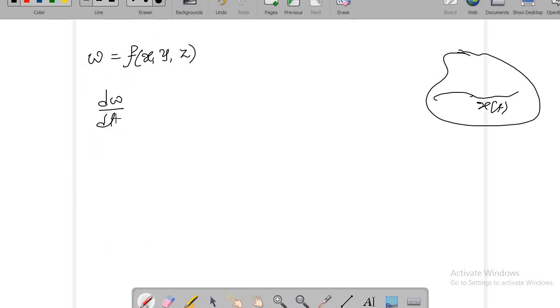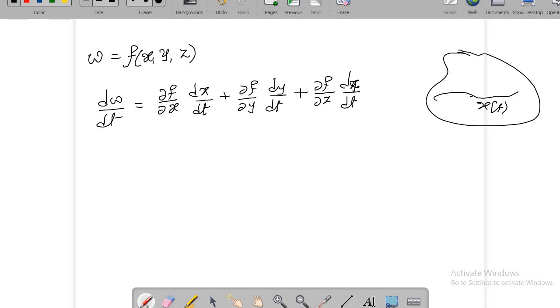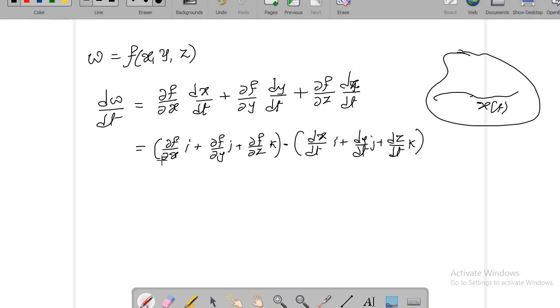dw by dt. Using chain rule, you can say that this is dou f by dou x into dx by dt plus dou f by dou y into dy by dt, and similarly the other. Now this one you can write as a dot product of two expressions. One expression is this, dou f by dou x i plus and so on. So you can see this as a dot product of these two expressions.